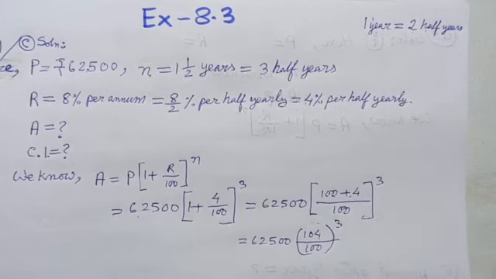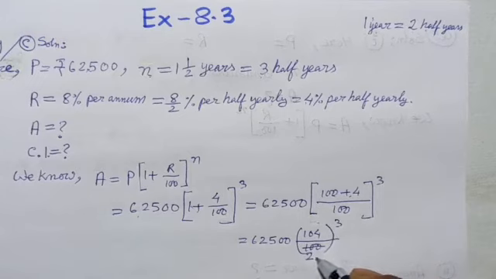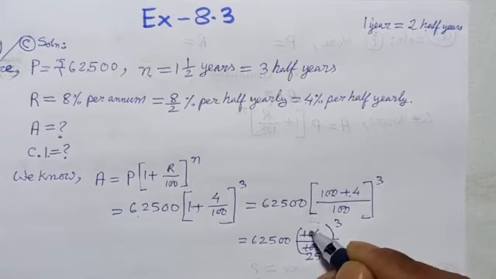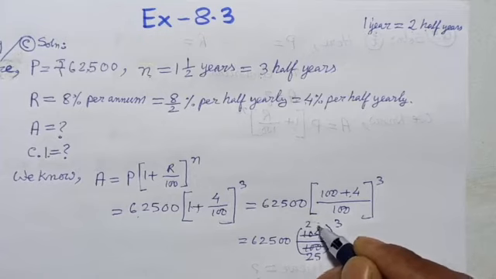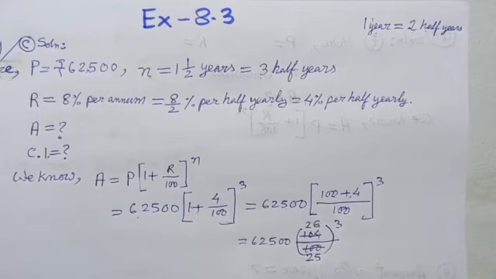Let us divide by 4. 4 2s are 8, 4 5s are 20. Now 104, let us divide by 4. 4 2s are 8, 4 6s are 24. We get 26 by 25.